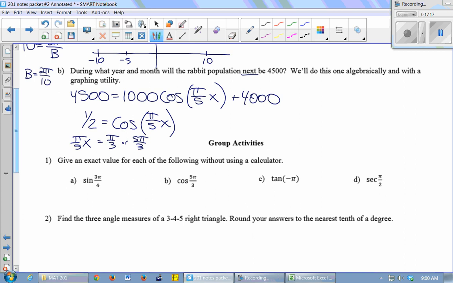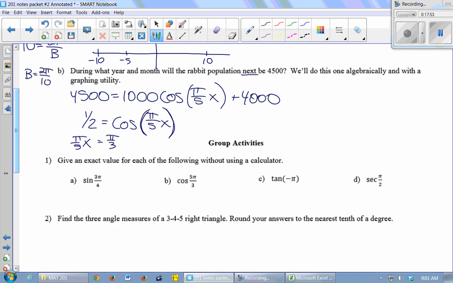It's going to hit 4,500 infinitely many times because it just keeps going up and down. So if I want to know when it will next hit, I really only need the next angle. This is my angle that I'm taking the cosine of, pi over 5x. So this thing that I'm taking the cosine of is a half, which means that angle has to be pi over 3.